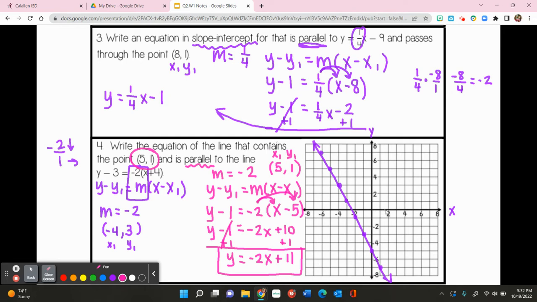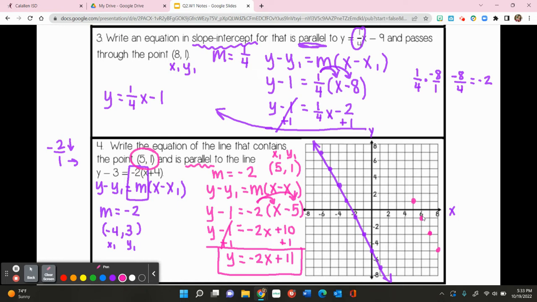My x value is 5, so I go to 5 on the x-axis, and my y value is 1, so I go up 1 and plot that point. Now, remember, since your slope was negative 2, to plot the rest of my points I go down 2, right 1, down 2, right 1, down 2, right 1.